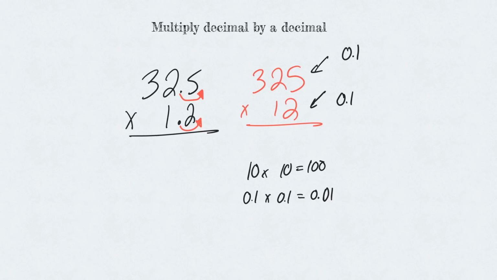So the way we can do this is we can rewrite the entire problem as 325 times 12 times 1/100th, meaning after we get the end product, we just have to make it 100 times smaller. And then we've got the answer here. That's easy. So let's go ahead and actually try and solve the problem now.